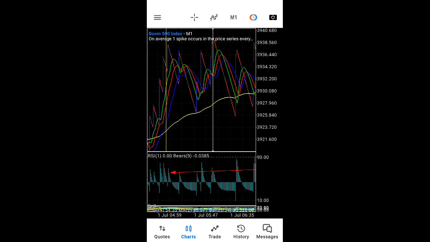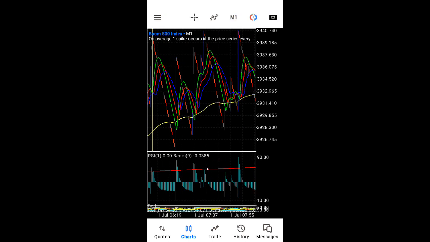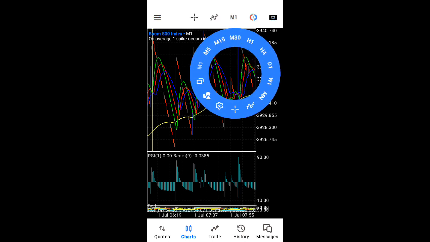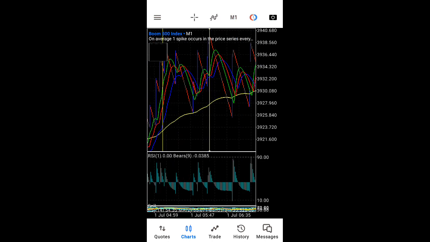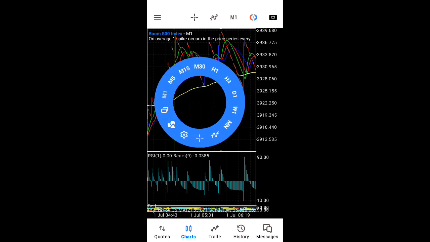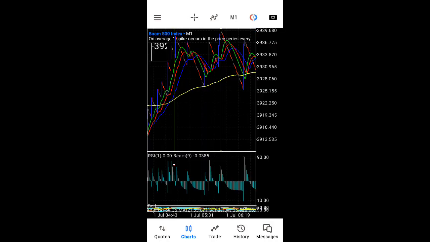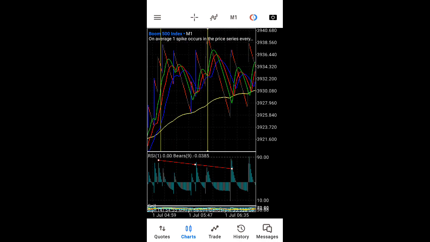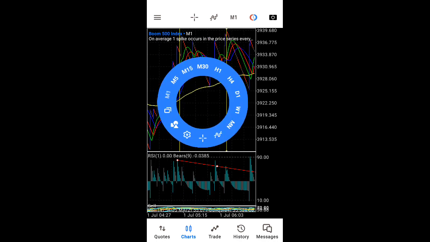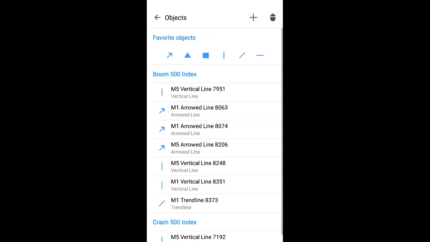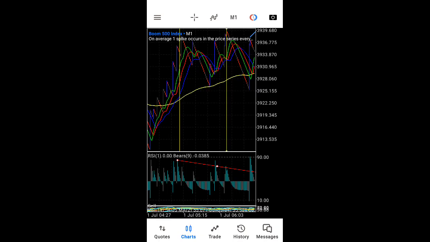On the main chart there is this, then there is this. So let me try and draw something for you there, just like a trend line for that case. So you can see over here how the market is behaving for those two spikes, and you can see over here on our main chart how it is behaving.